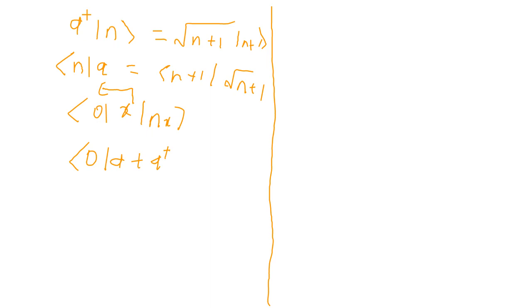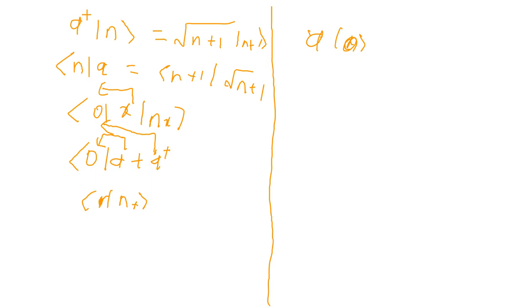From what I wrote there, a acting on not 0 will not give you 0, it would just give you a state of one, with an x. And then this other one is 0 because it's the flipped version of a acting on n.